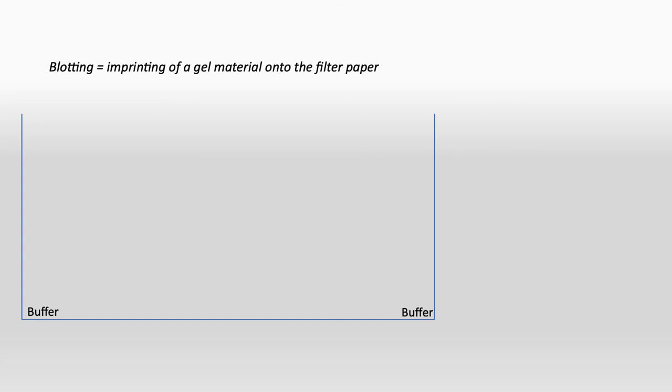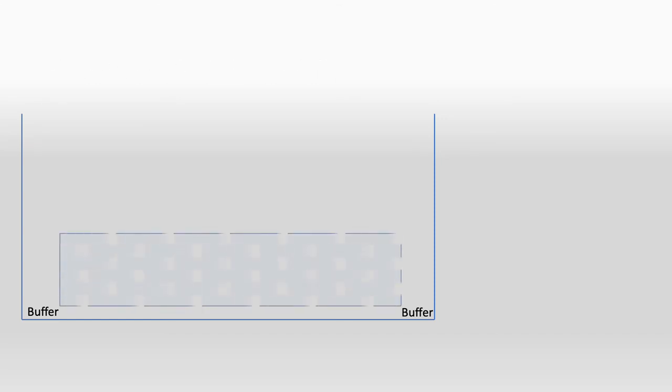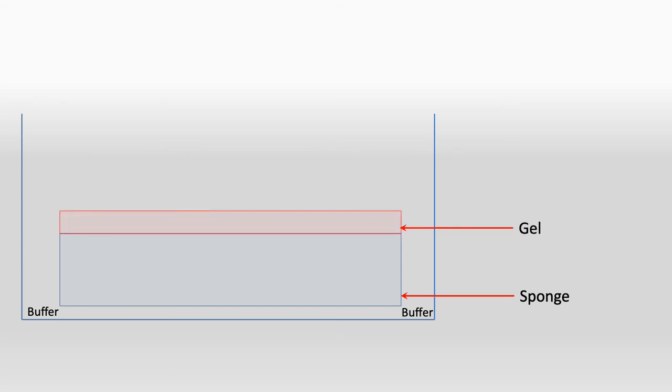Now let's have a look at this total blotting setup. We have a buffer, as you are seeing in this slide. Then on top of the buffer, we put a sponge. The sponge helps in the capillary activity. And on top of the sponge, we have the gel.